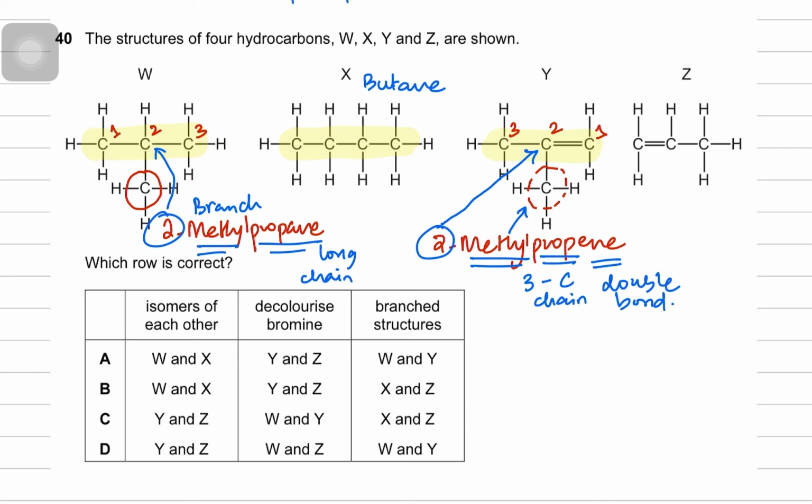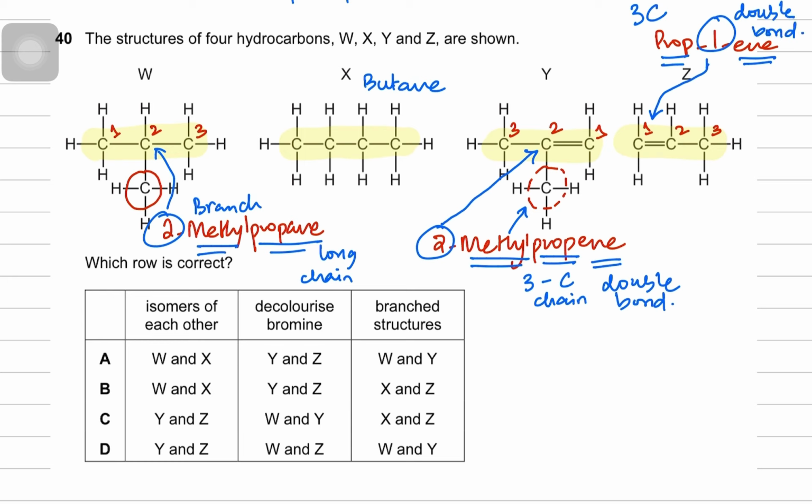Let's look at Z. Z will be numbered from the left side because there's a double bond starting over there, and it will be called prop-1-ene. The 1 indicates the position from where the double bond is starting. The prop indicates 3 carbon chain, and ene indicates double bond.